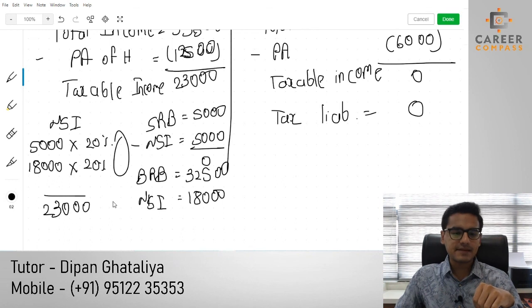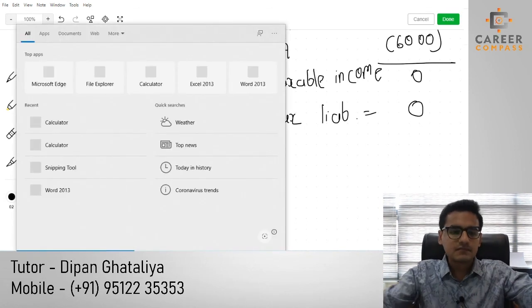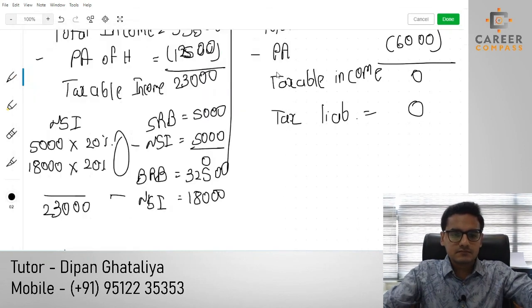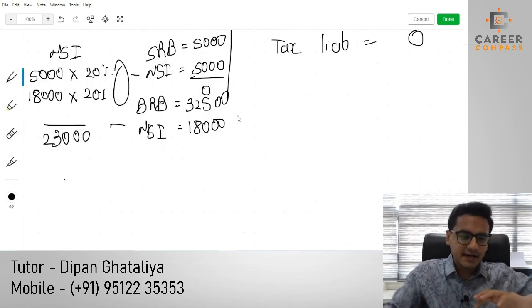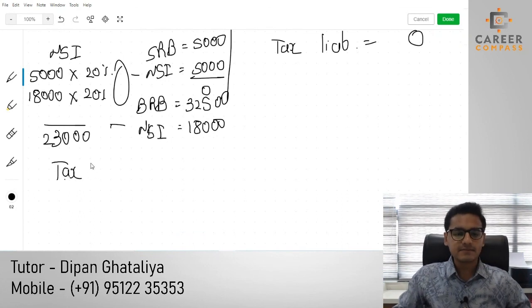So my tax liability will be 23,000 multiplied by 0.2, which is 4,600.